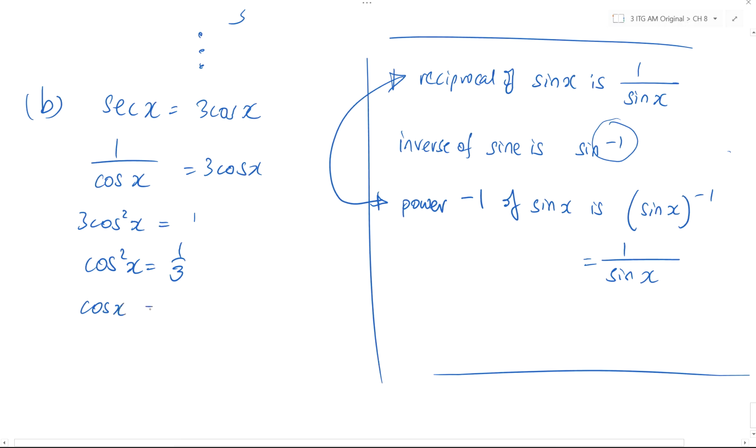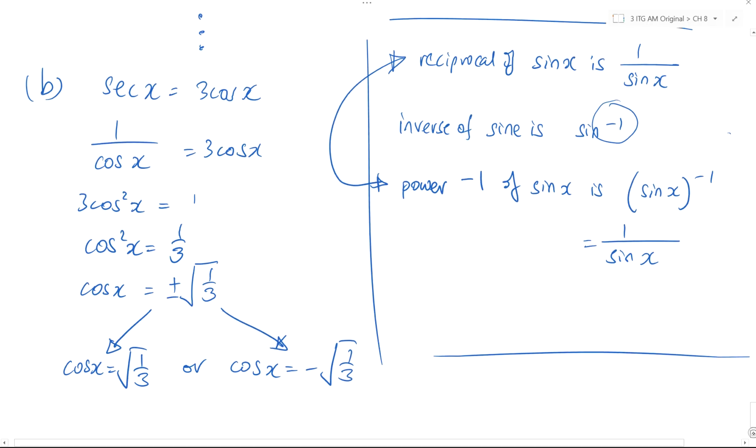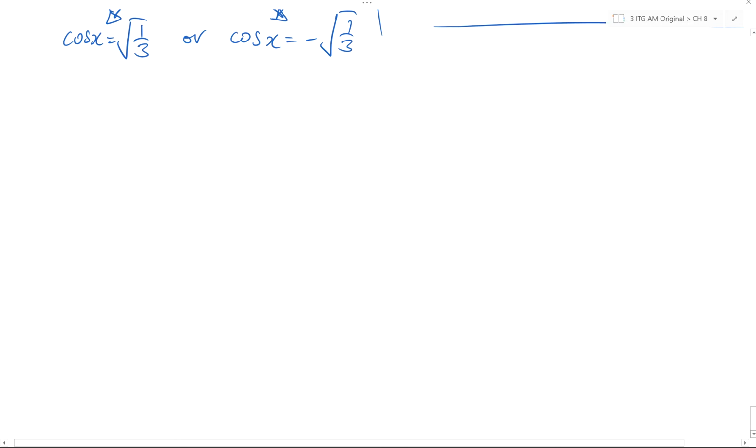Cosine x is plus minus square root 1 over 3. So now you have your two cases again. Cosine x square root 1 over 3 or cosine x negative square root 1 over 3. And you can deal with both by yourself. So get the answer.